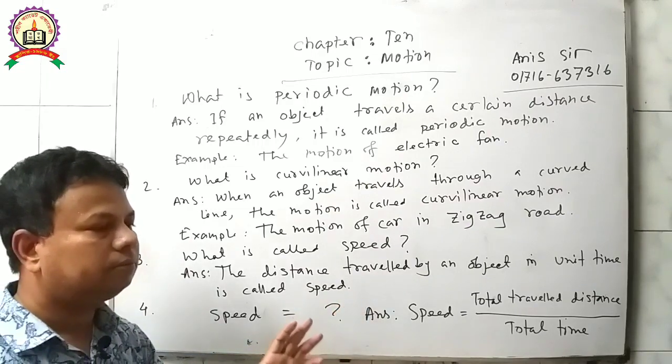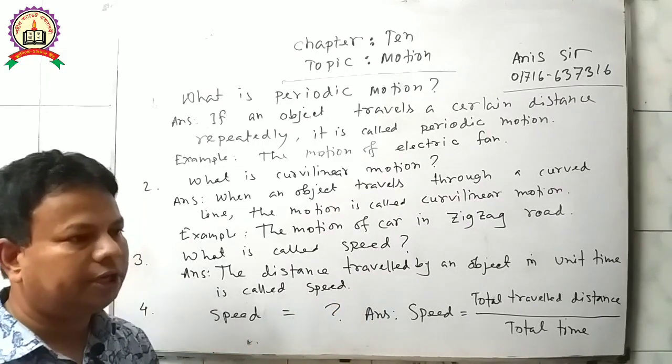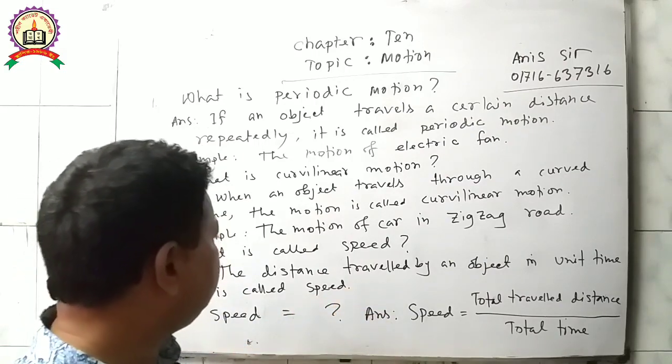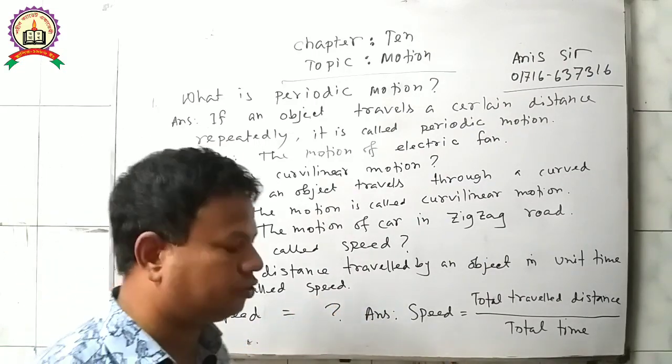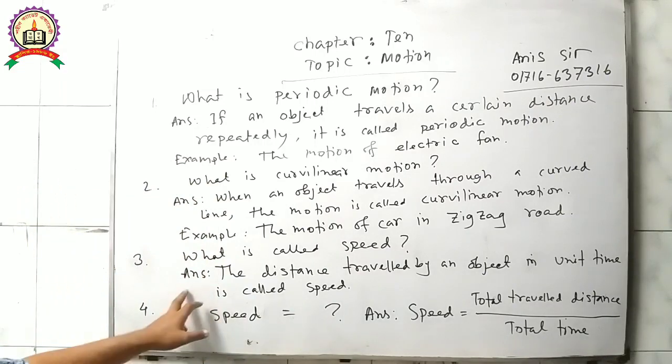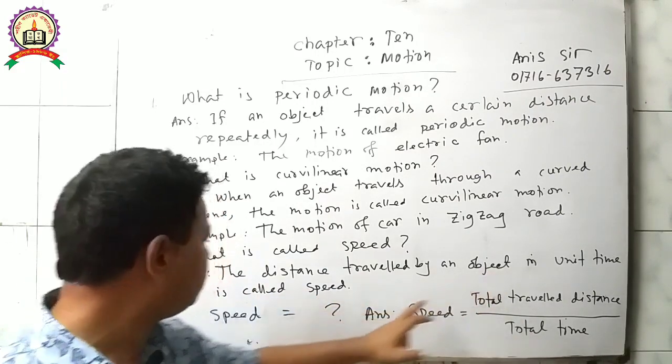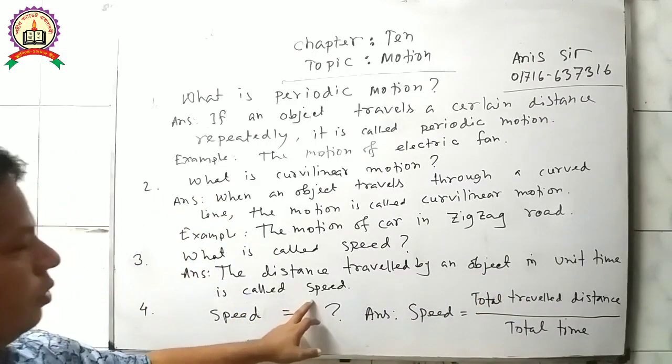In a certain time, how much distance an object travels is called speed.